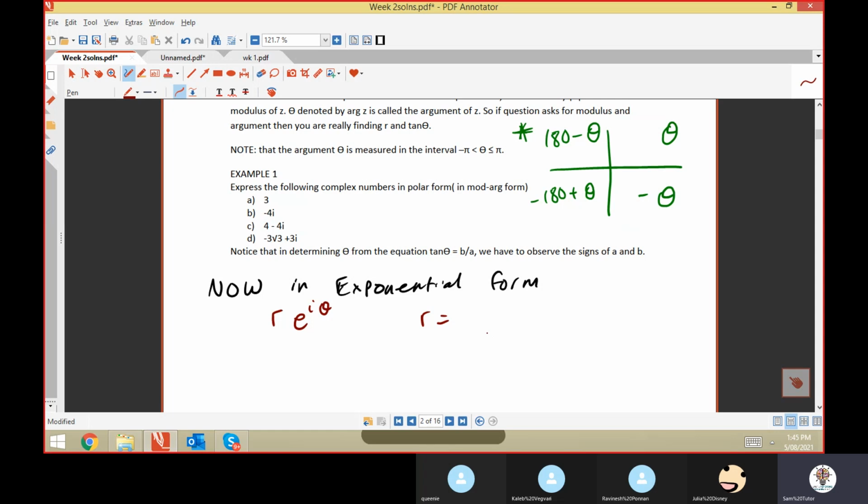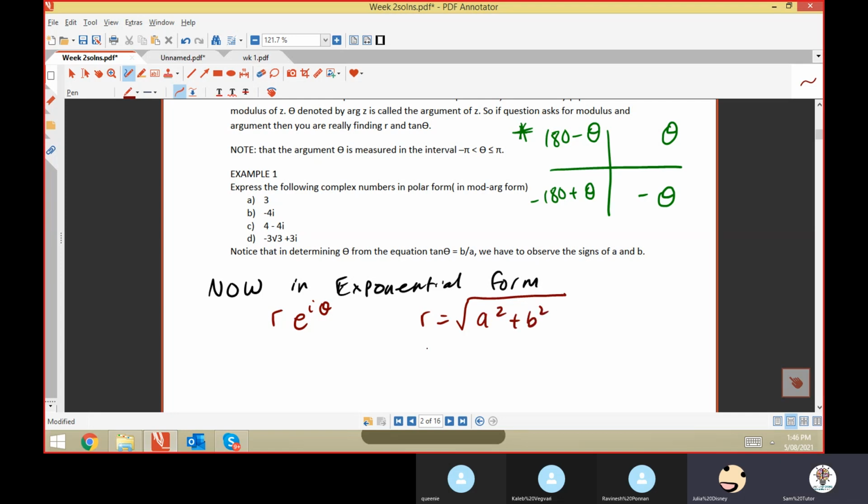What does R equal? Square root of A squared plus B squared.